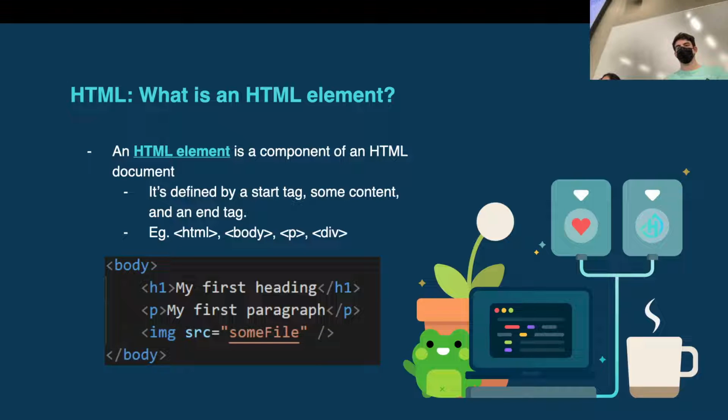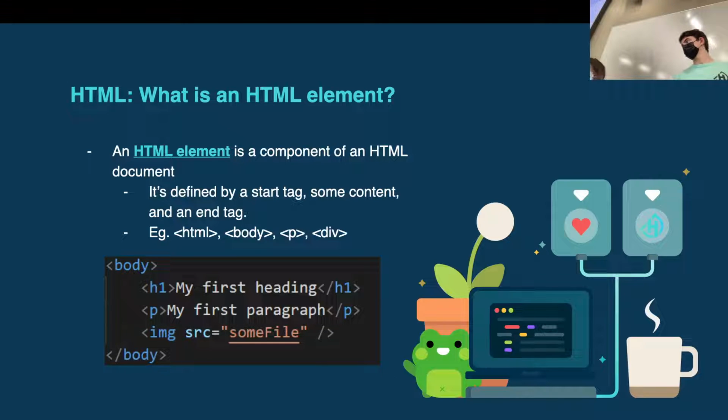The second type is just a plain element, like the h1 tag and the p tag, that has a starting tag, some content in it, and an ending tag. Lastly, we have something called a self-closing tag, which is a single tag that acts as both an opening and a closing tag. You can see the img tag over there, which is basically used to attach an image. And you can see that it's just one tag.